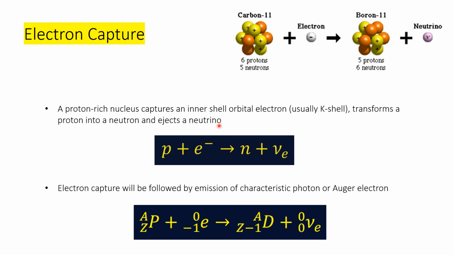So this is again for your electron capture. And electron capture will be followed by the emission of a characteristic photon or Auger electron. So this is the equation which you can use for your electron capture. You have your parent nucleus plus your captured electron, and it transforms into a daughter nucleus plus your neutrino.